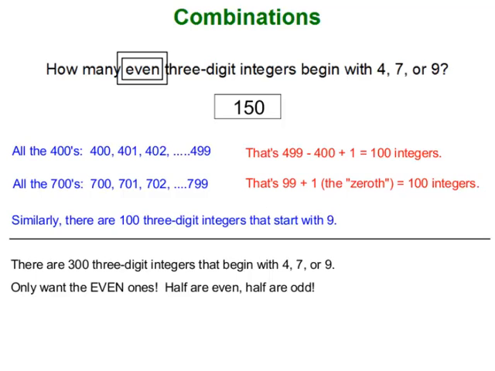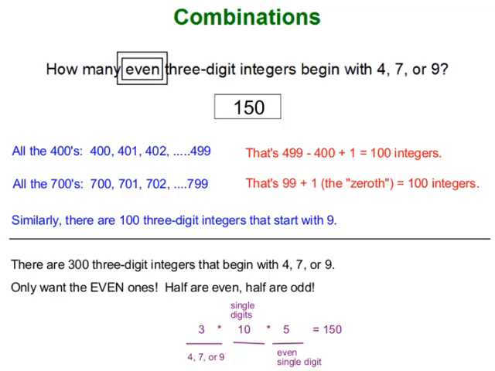An alternate way to approach this, kind of an approach that we've used before, and that is, put slots down for the digits. In the hundreds place, we're told it has to begin with a 4, 7, or 9. That's 3 options. The middle digit can be any single digit number from 0 through 9. That's 10 possibilities.